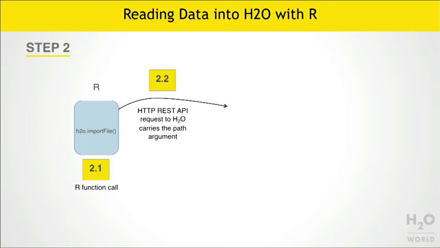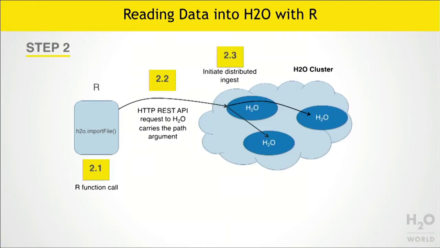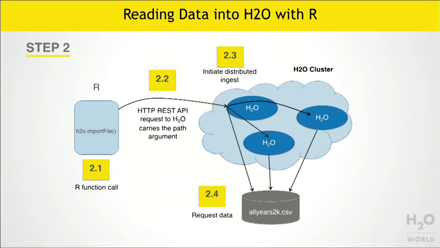So even though I'm talking about R, it goes the same for Python and Flow and any client that talks through the REST API. The argument gets carried over to the H2O cluster, which subsequently requests the data, and this is local to the cluster, not to the R client.